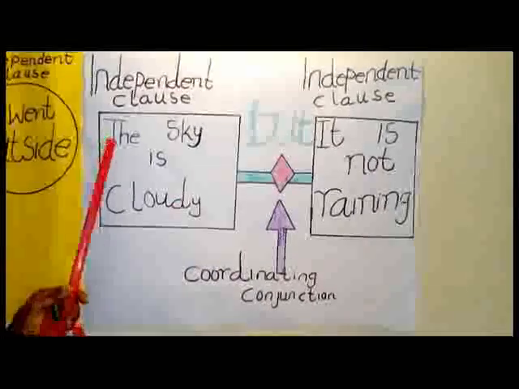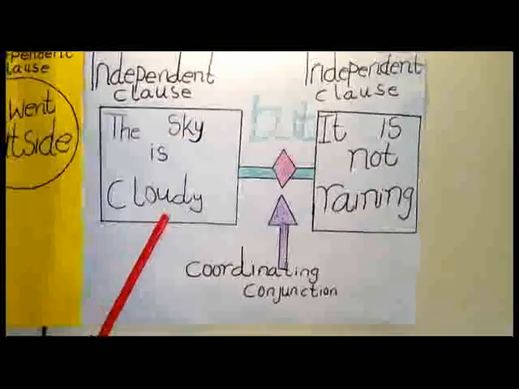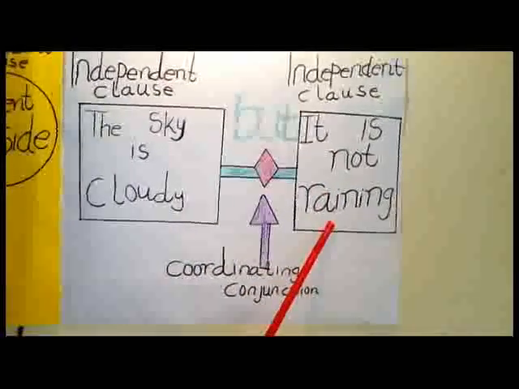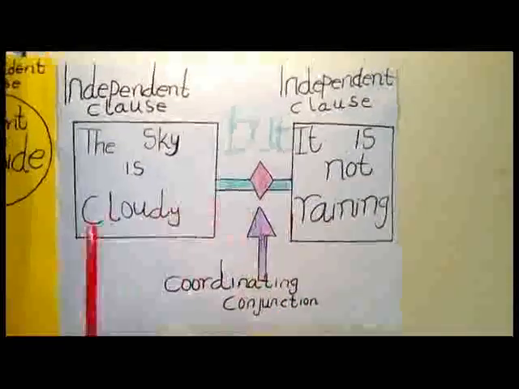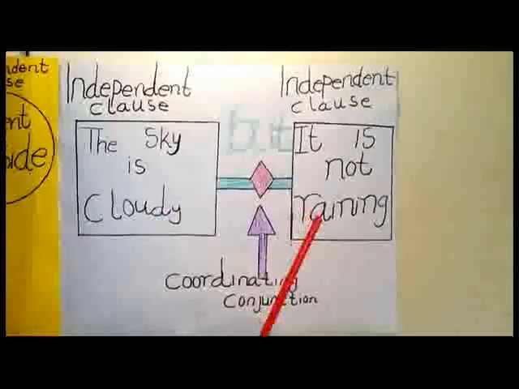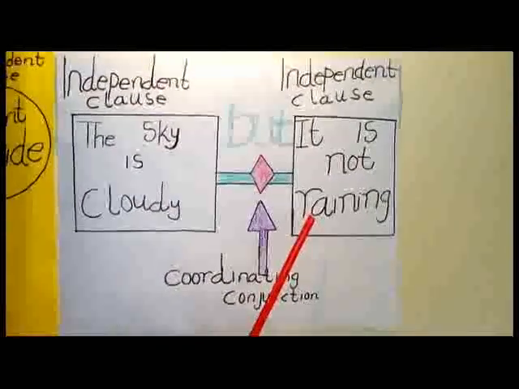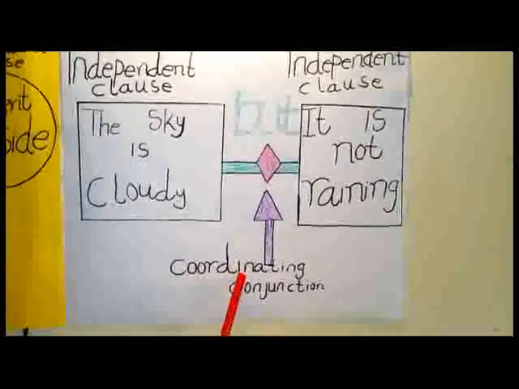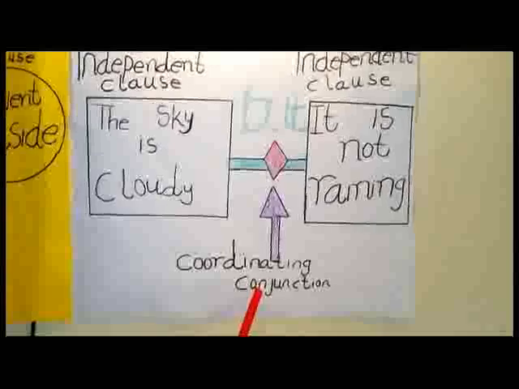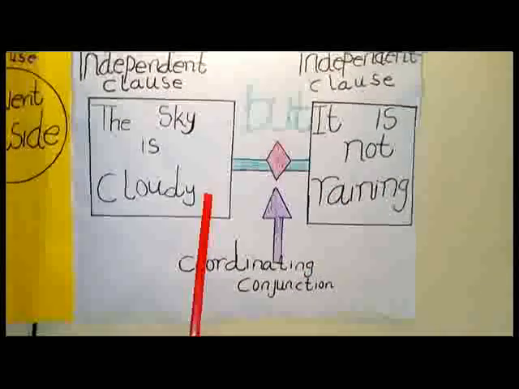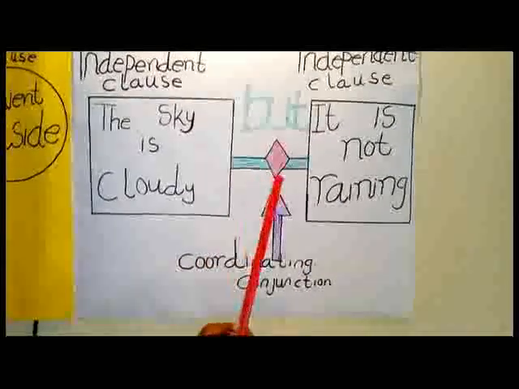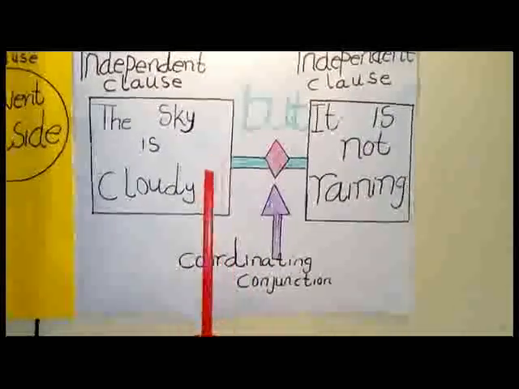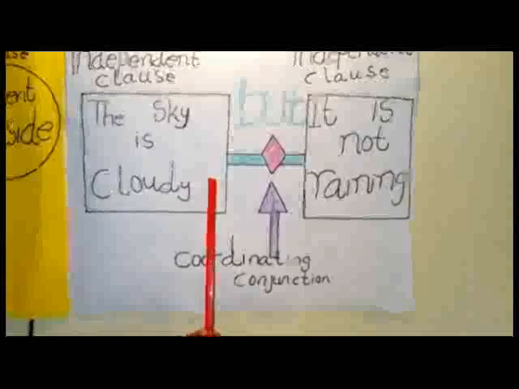So we say, the sky is cloudy, but it is not raining. Alright? So it now becomes a compound sentence when you do that, using the word "but" as your conjunction to link them together. As you can see, they are tied together. So that's now another compound sentence.